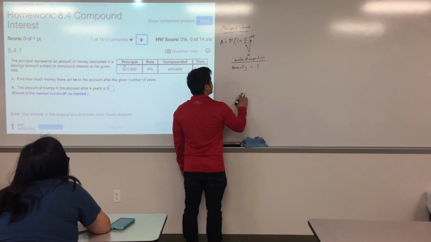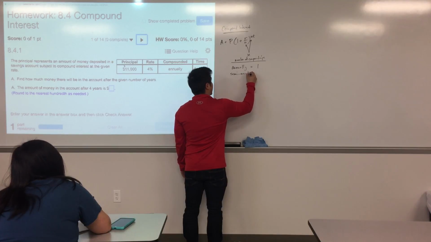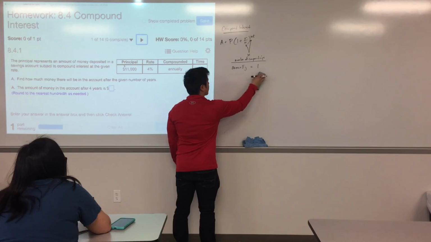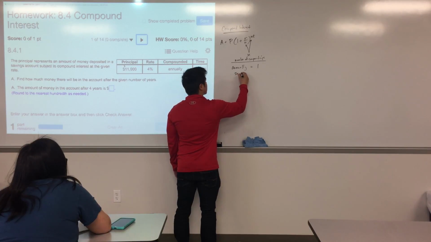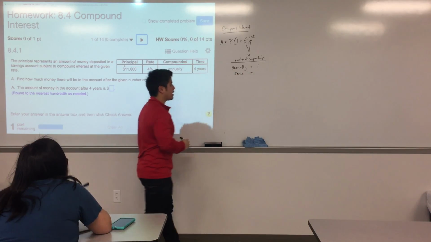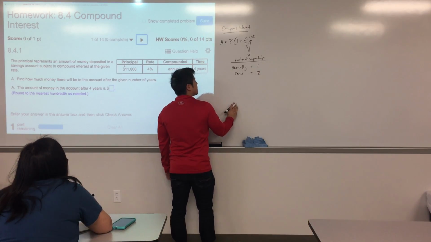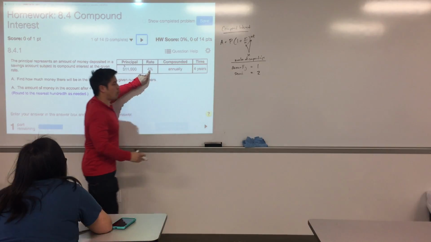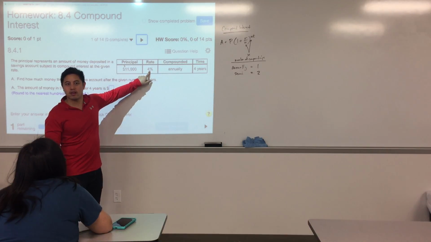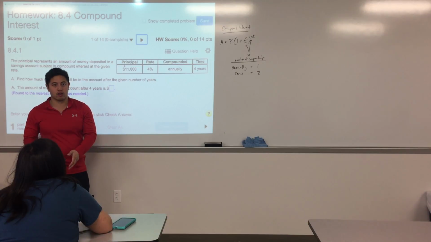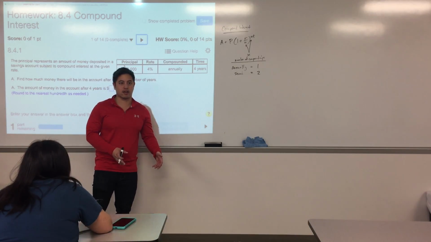You can have your interest applied semi-annually, meaning that your interest rate is divided into 2. It doesn't mean you get 4% twice a year. It means that you get 2% after the first half of the year, 2% after the second half.